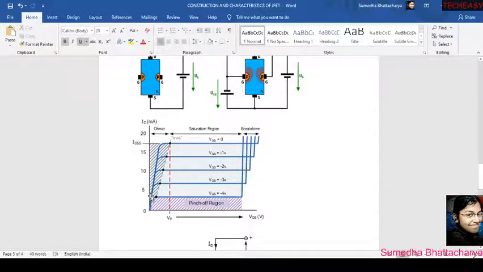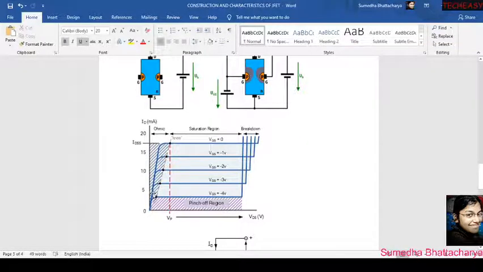Can you tell me why it is called the ohmic region? You can pause the video and think about that. I hope all of you can find the answer. The answer is very simple, because we all know Ohm's law, V equal to IR, that the voltage is proportional to the current. So the graph of that will be y equal to mx, like a straight line.